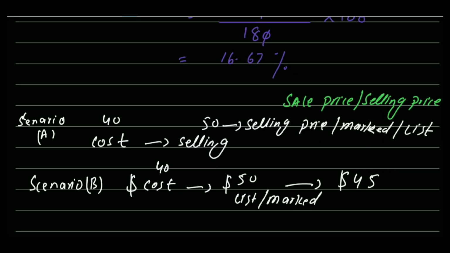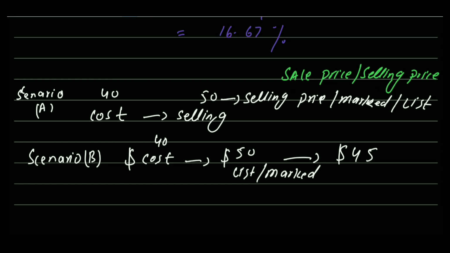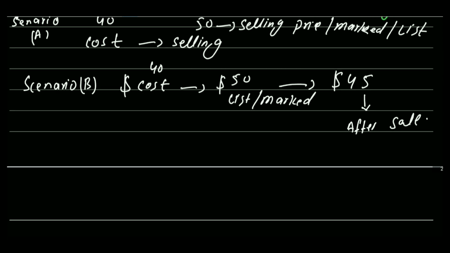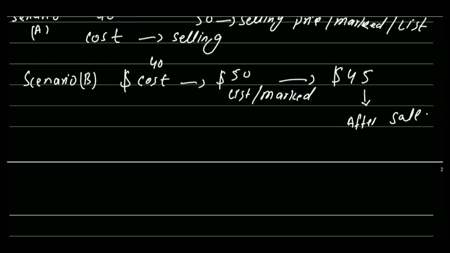So in scenario B, if a shopkeeper is giving a discount, one will be your cost price, second will be your list or marked price, and the third will be his discounted price, that will be after sale. This is the difference between scenario 1 and scenario 2.